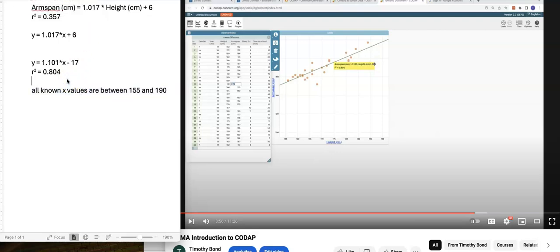Now, it is important to have a look at what our x values are. Looking at our possible x values, I'm just looking at the x-axis down here. It looks like our lowest value is 156, and our highest value might be 189. I'm calling out 155 to 190 just to round those numbers.